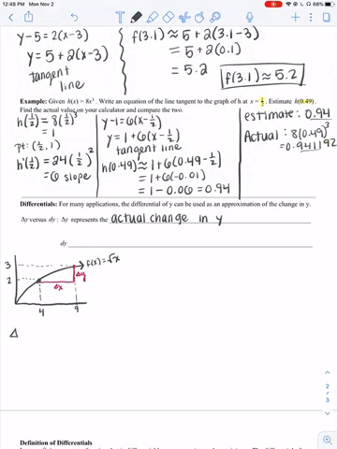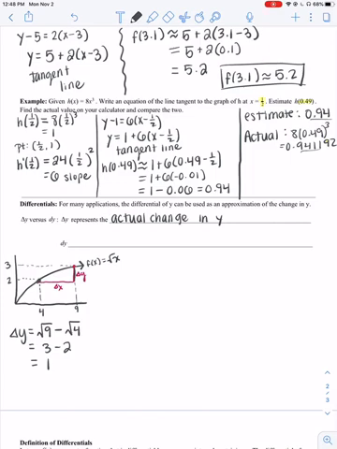So here, the change in y, or the delta y, is the square root of 9 minus the square root of 4, which in this problem was 3 minus 2, which was 1. So it's pretty easy to see that the change in y is 1, and it should also be easy to see that from the graph.